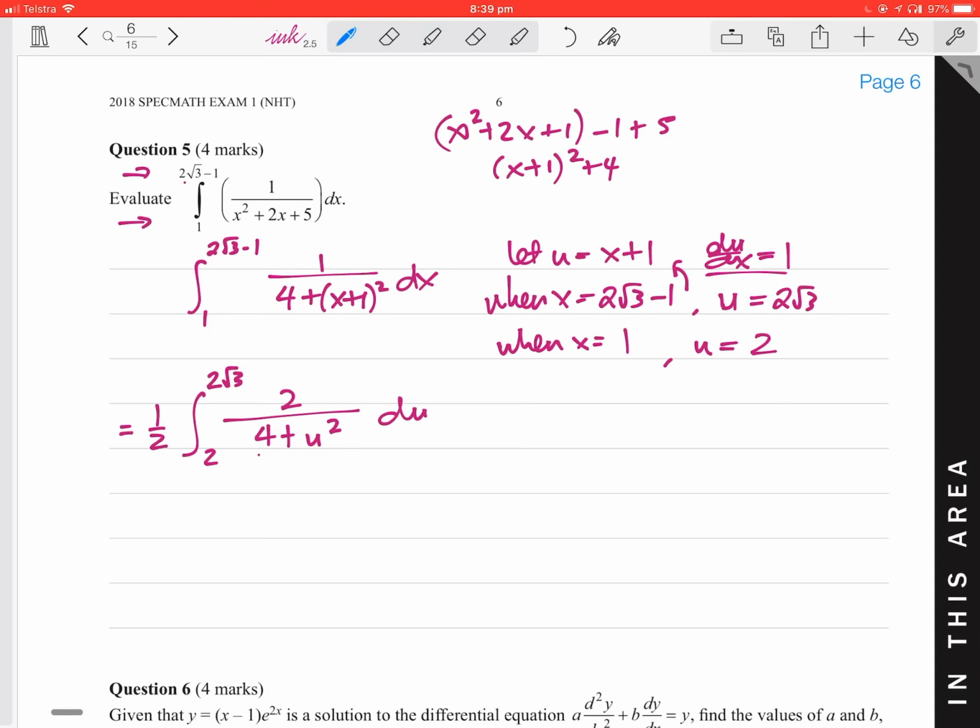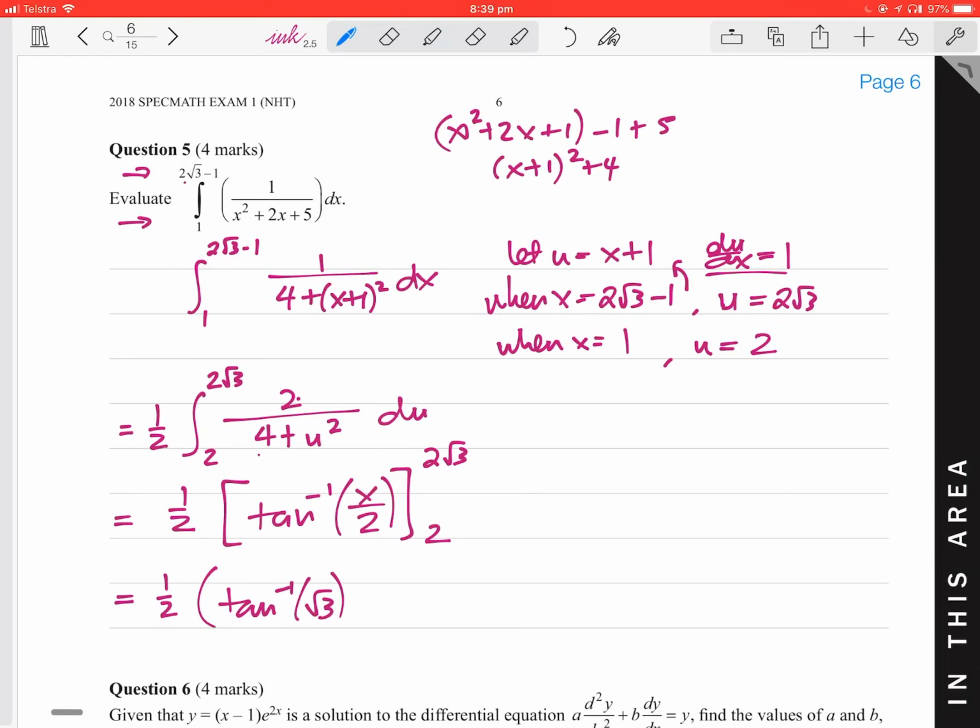So this is equal to a half tan inverse of u on a, where a has to be 2, because that's 2 squared, so u on 2, between 2 root 3 and 2. So I've got a half, tan inverse of root 3 minus tan inverse of 2 on 2, which is 1.